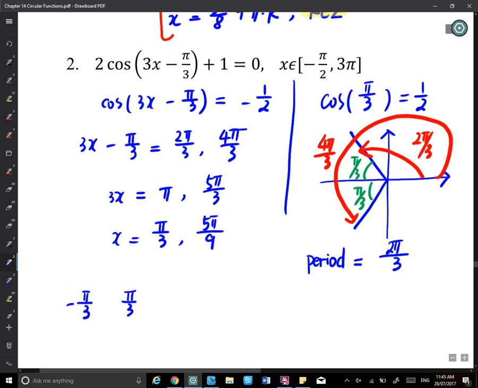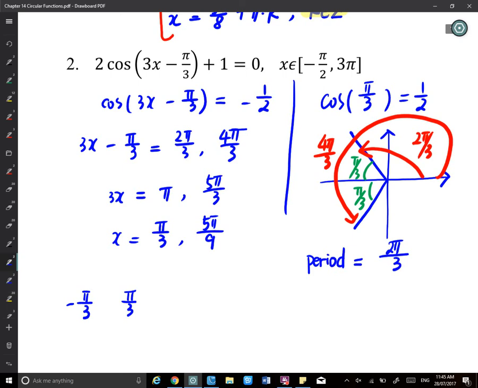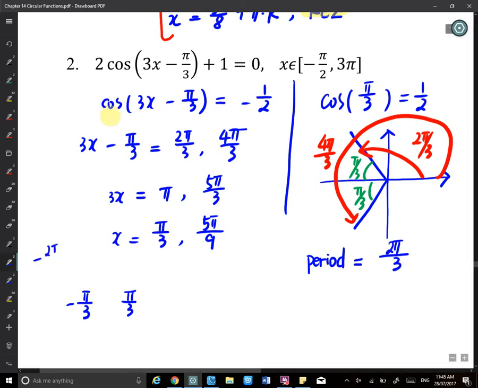Is minus pi on 3 within the domain or outside the domain? Can I take negative pi on 3? Yes, it's negative 2 pi on 6, and the domain boundary is negative 3 pi on 6.